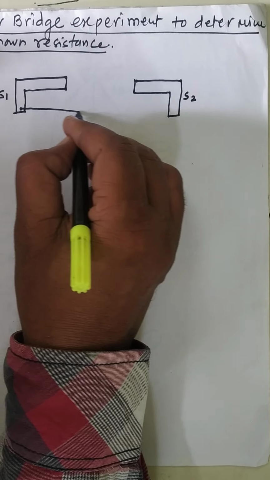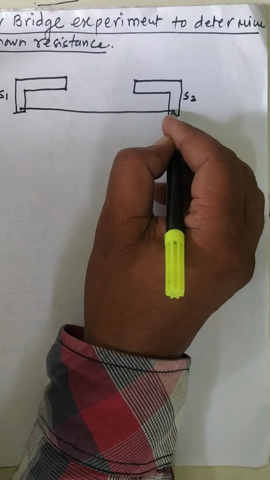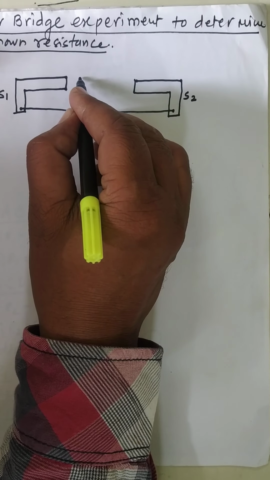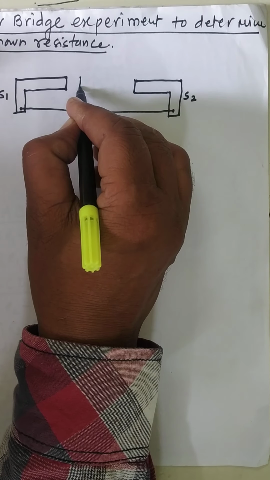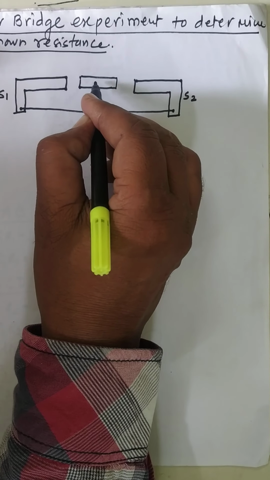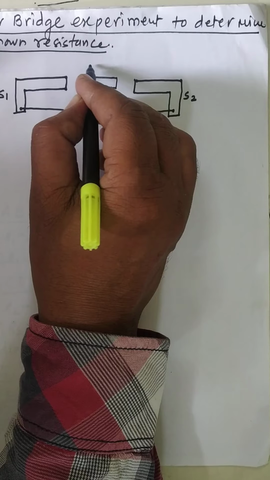Here, this is the 1 meter long uniform wire, and the third copper strip S3 is placed in such a manner that two gaps are formed. This is S3.